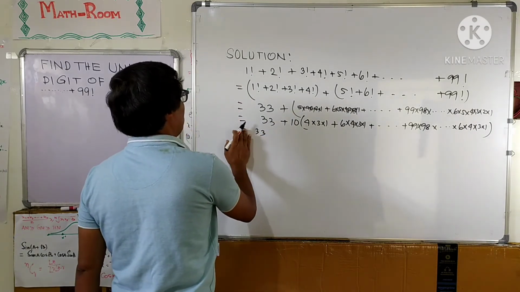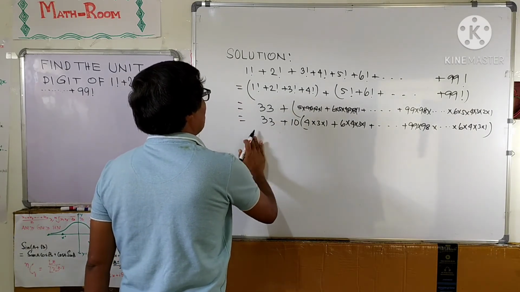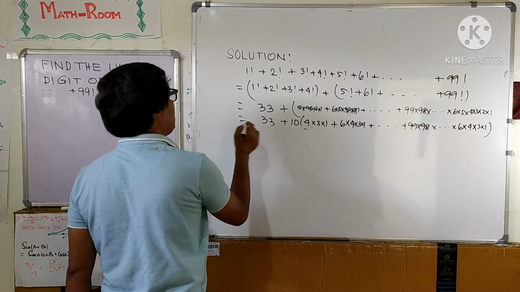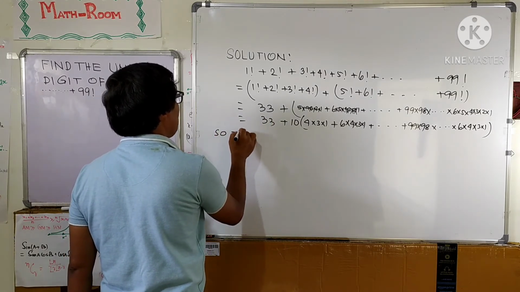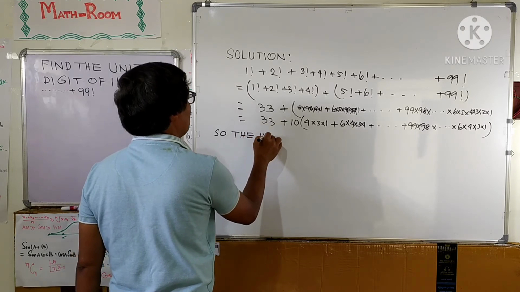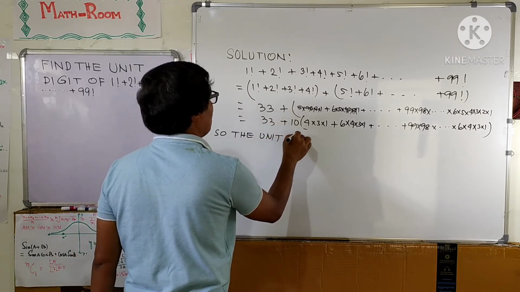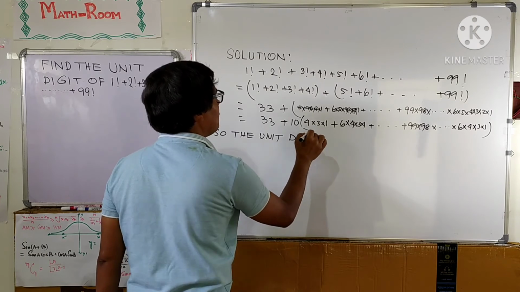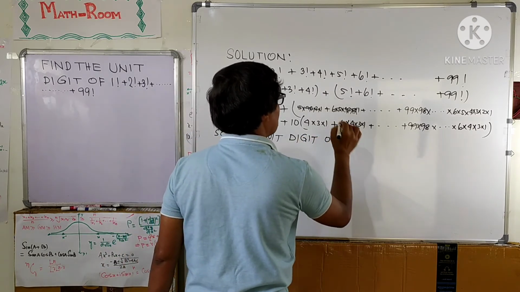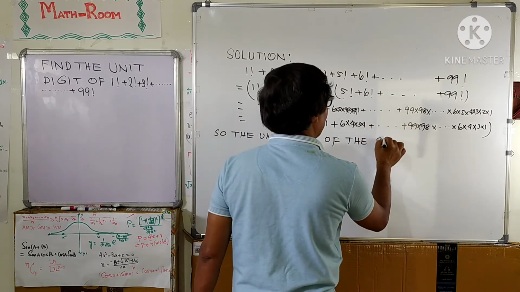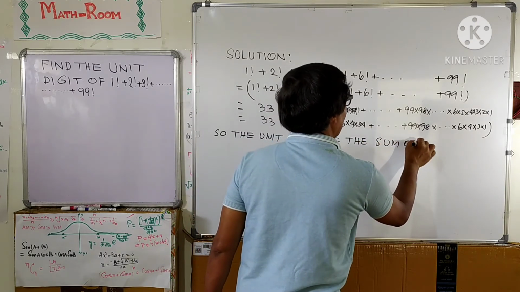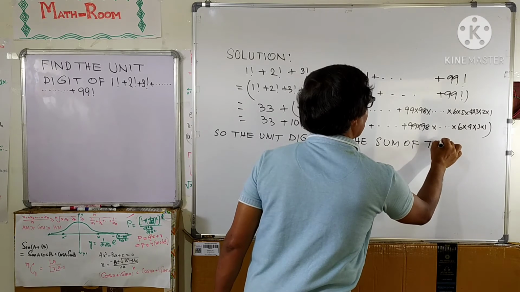So we can get the unit digit of the sum of the series.